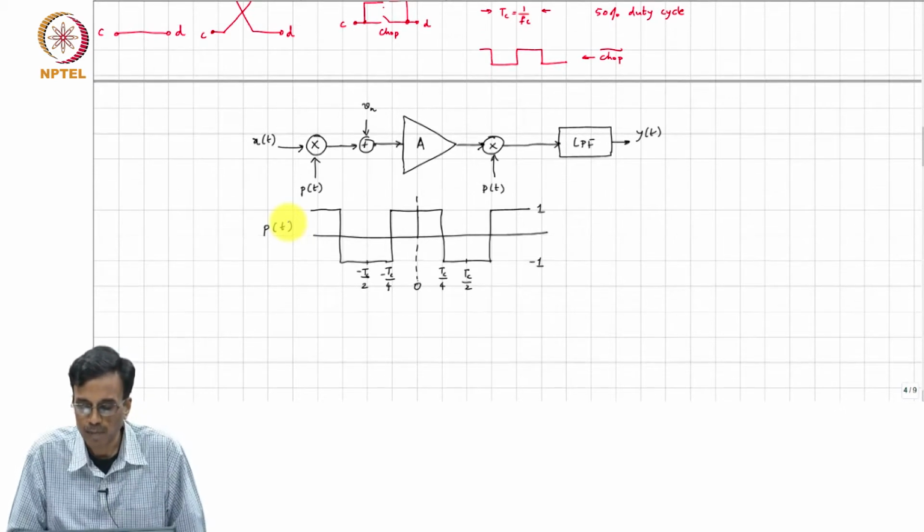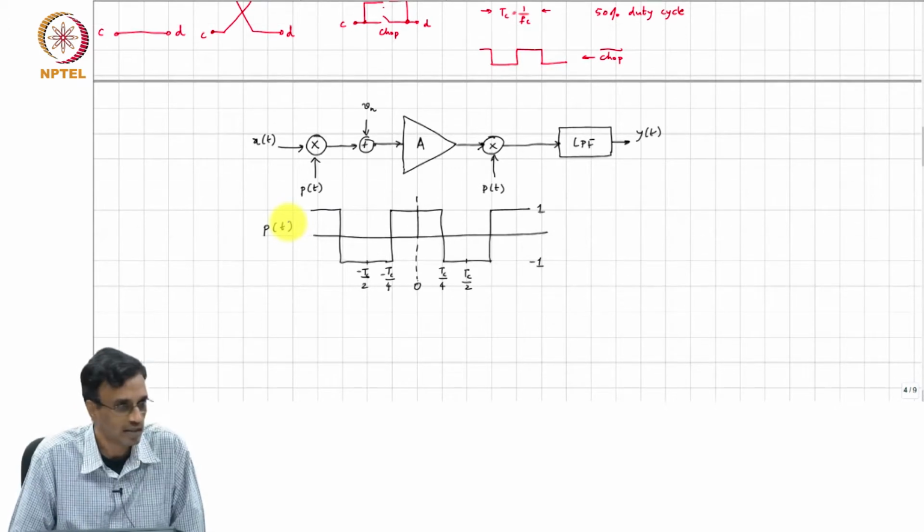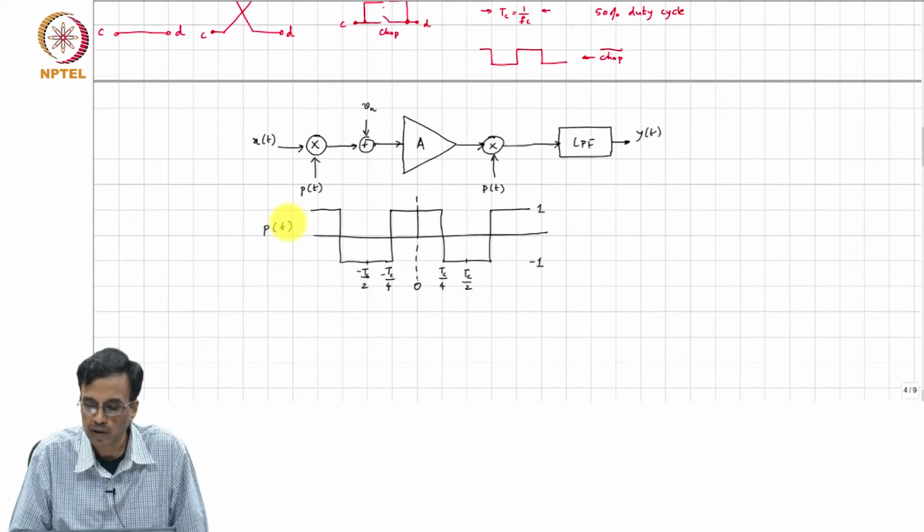And if the amplifier has infinite bandwidth and if Vn is 0, what do you expect to see?